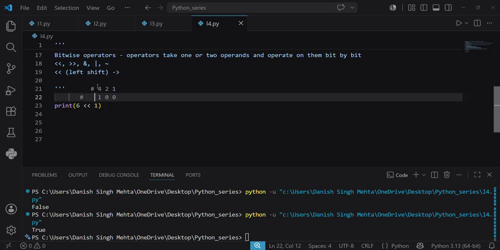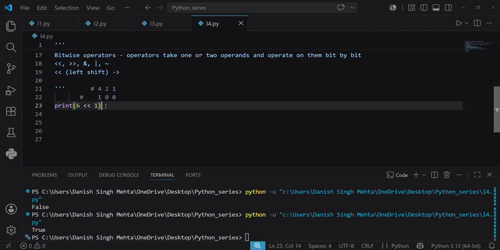And now what you will see here is 100, and if we see the binary value, it becomes 4. So now if I print this, 6 left shift 1, let's see what its value is. Its value is 12.